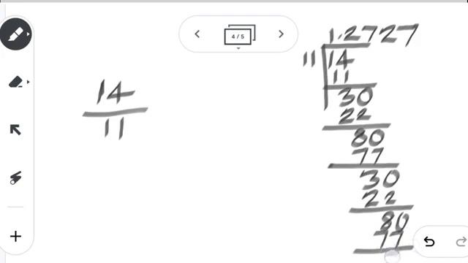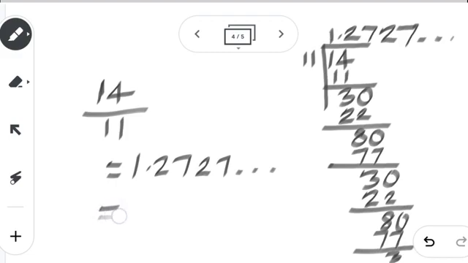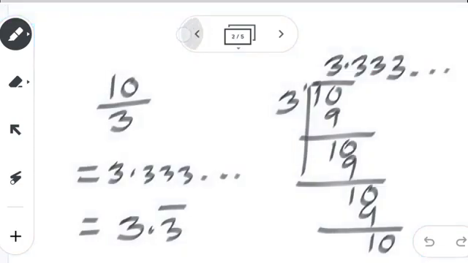So 80 minus 77 equal to 3. This process will continue. It will not stop. So what is the quotient we got here? 1.272727 etc. Here in the decimal expansion, the block 27 repeats. So we can write 1.27 bar. It means the number 27 repeats in the decimal expansion.